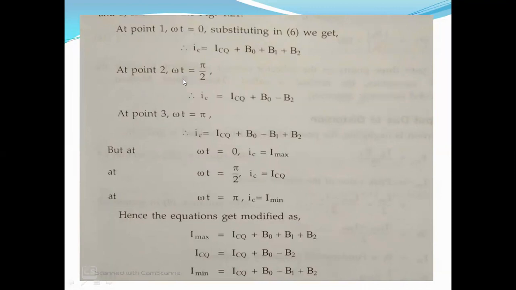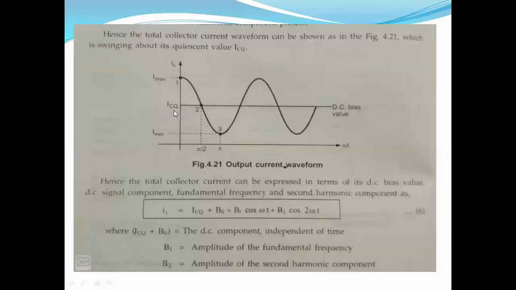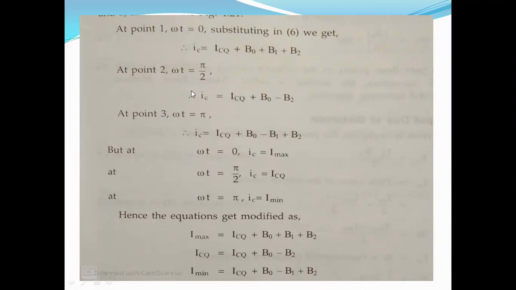At point 2, ICQ is equal to ICQ plus B0 minus B2. At point 3, I minimum is equal to ICQ plus B0 minus B1 plus B2. We are just substituting the maximum, minimum and quiescent currents in these equations. We have 3 equations.